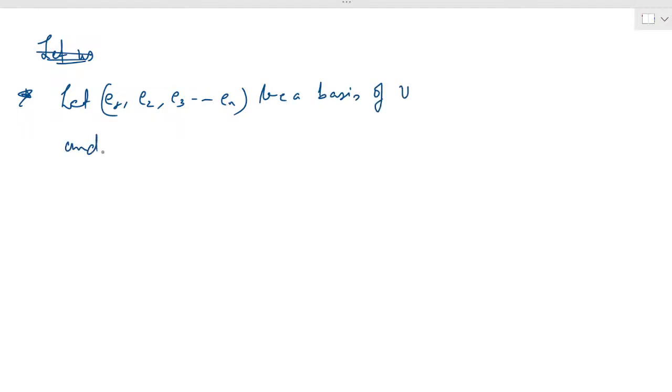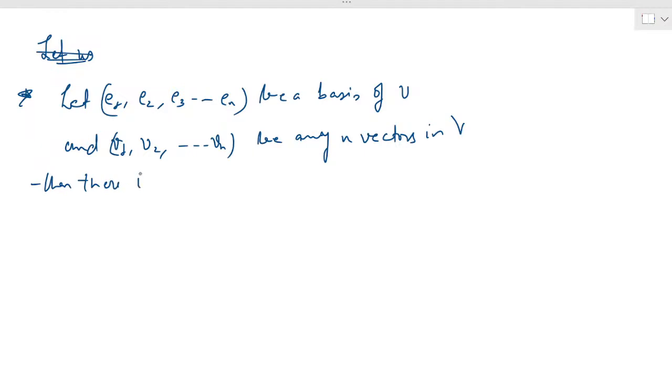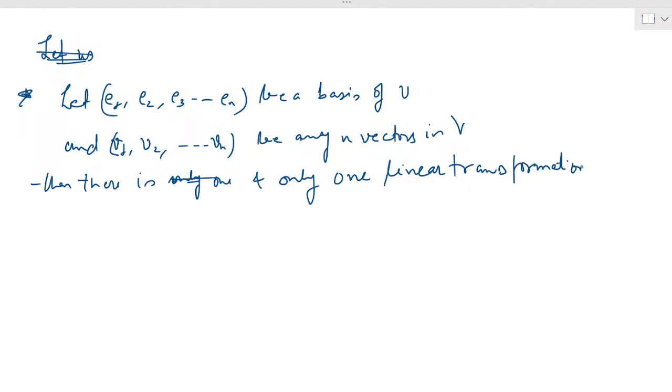Okay. So one of the important theorems before beginning this, please remember: let e1, e2, e3, ..., en be a basis of U, and v1, v2, ..., vn be any n vectors in V. Then there is one and only one linear transformation, that is, there is a unique transformation which relates the basis to the vectors.